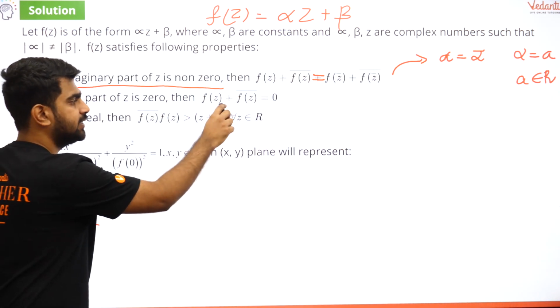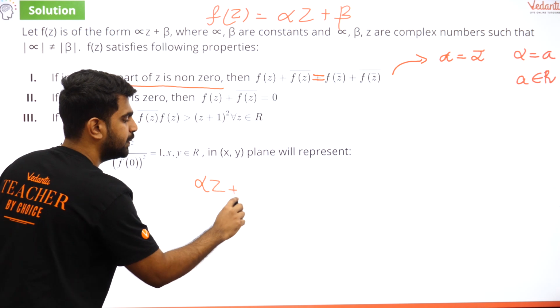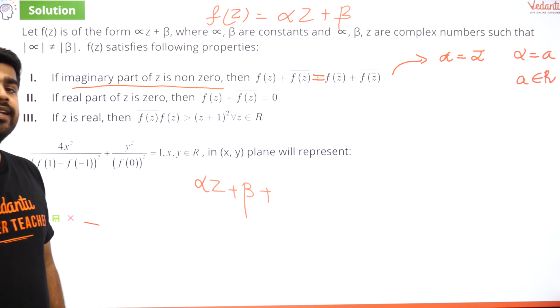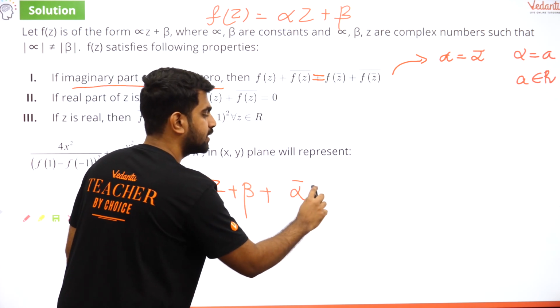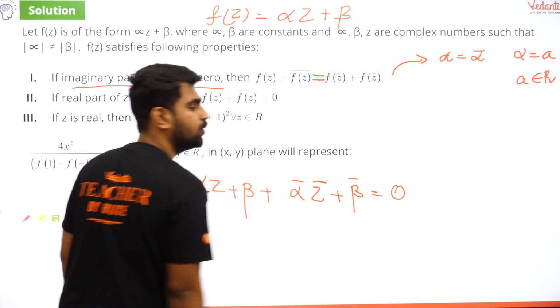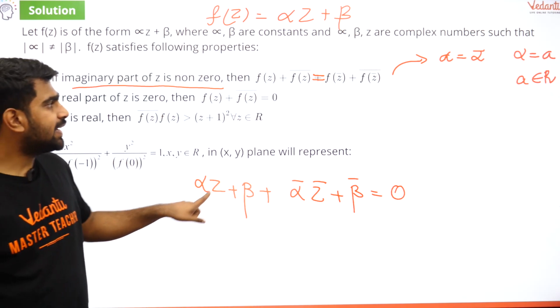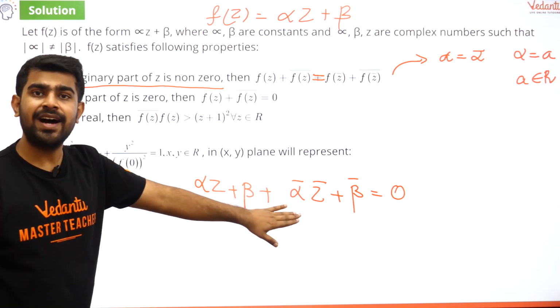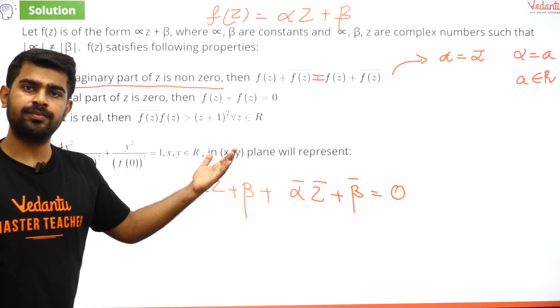So f of z is nothing but alpha z plus beta, plus f of z, the whole bar, is nothing but alpha bar z bar plus beta bar, is equal to 0. Now guys, we know that alpha is equal to alpha bar. So can I say that alpha bar is equal to alpha? Yes.